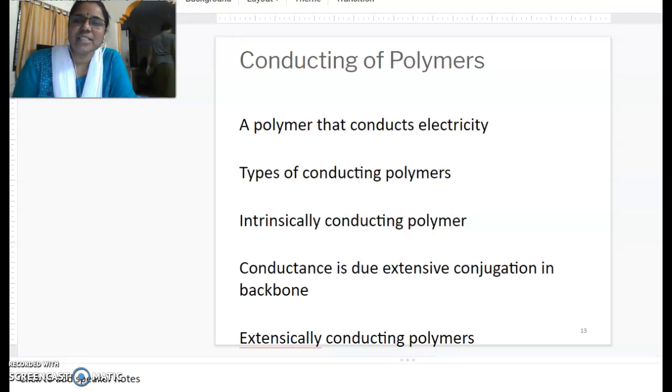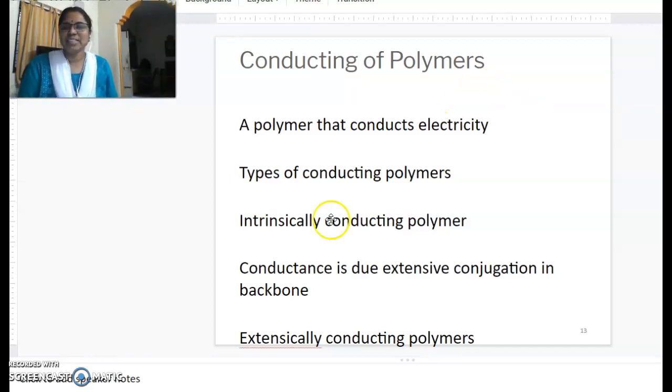Hence they are called conducting polymers. Okay? So this is the difference between an insulator and a conductor, obviously. The same thing is applicable for polymers also: a polymer that conducts electricity.